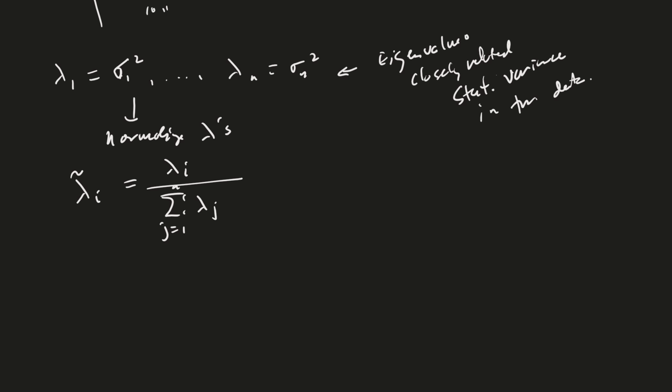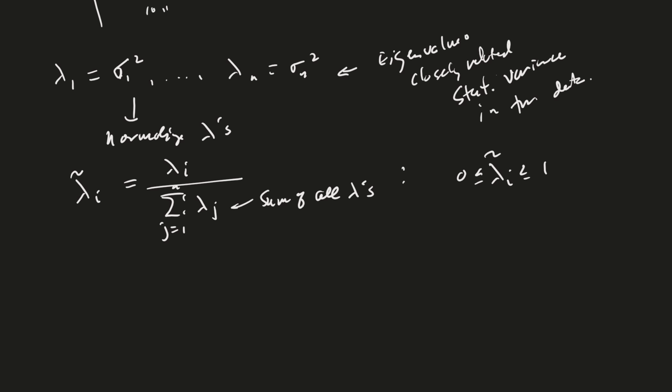So this is the sum of all the lambdas. The normalized values will be between 0 and 1, and so they're almost like probabilities. They sum to 1, and they're each between 0 and 1.